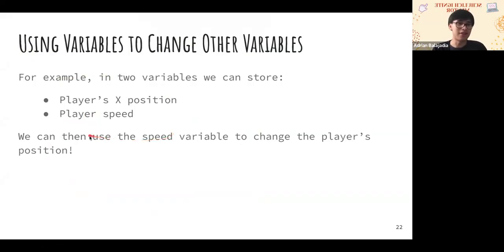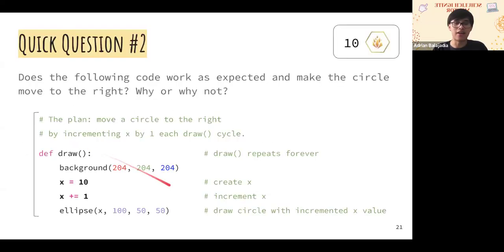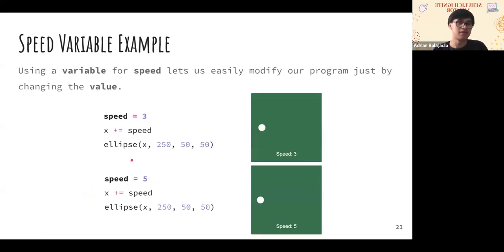If you look back here, X could have been the player's position, and when we do X plus equals 1, the speed would just be equal to 1, because we're changing the player's X position by 1 pixel at a time per cycle. So if we look at a similar example right here, using a variable for speed lets us easily modify a program by just changing the value. So there we go, something like this.